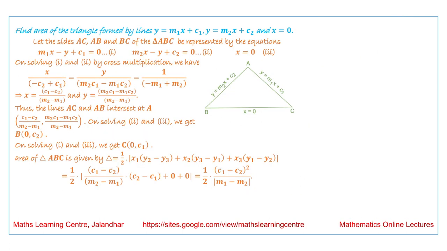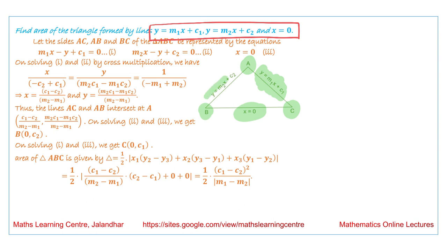Next is find the area of the triangle formed by these three lines. So we are showing these lines over here. This is the point A, this is the point B, and this is the point C. The equation of BC is x is equal to 0. The equation we have over here is y is equal to m1x plus c1. This equation is y is equal to m2x plus c2.